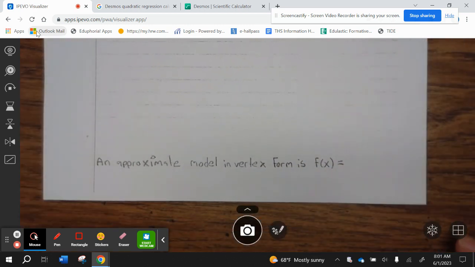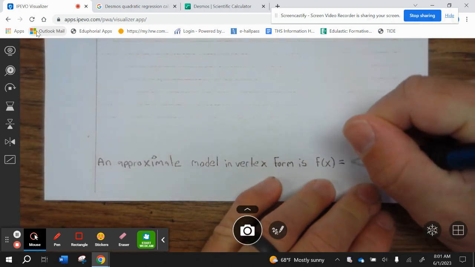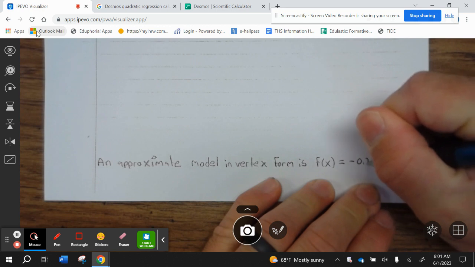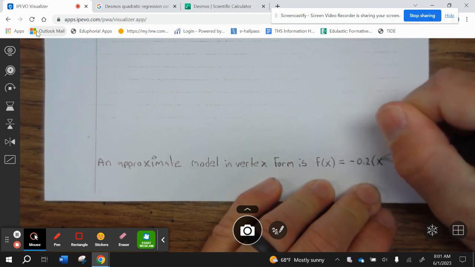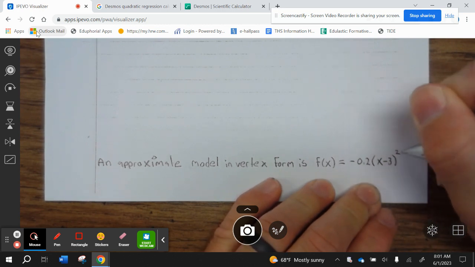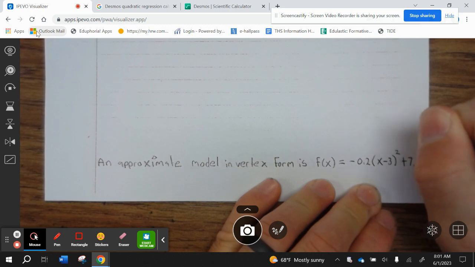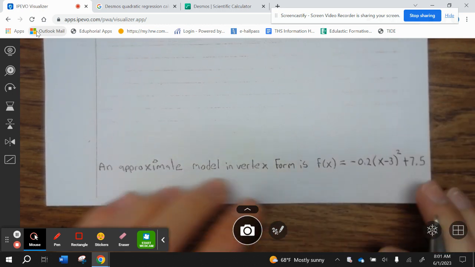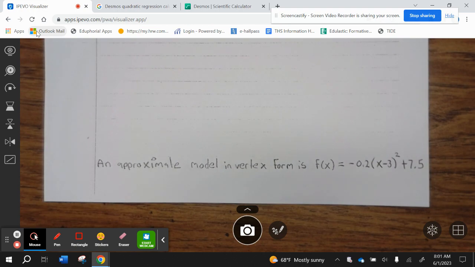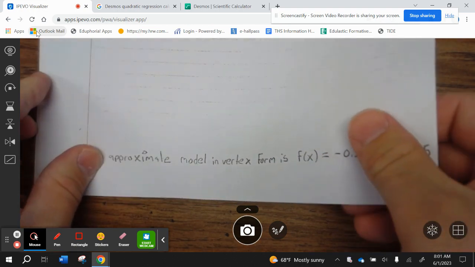Okay, so an approximate model in the vertex form is negative 0.2 parentheses x minus 3 squared plus 7.5. All right, go ahead and finish up example number 1.